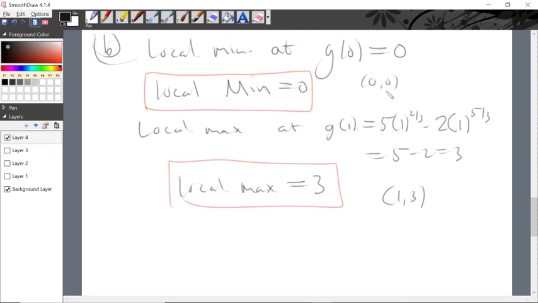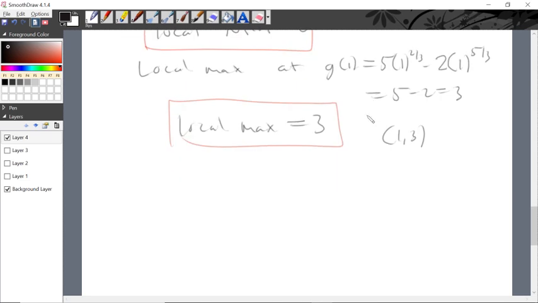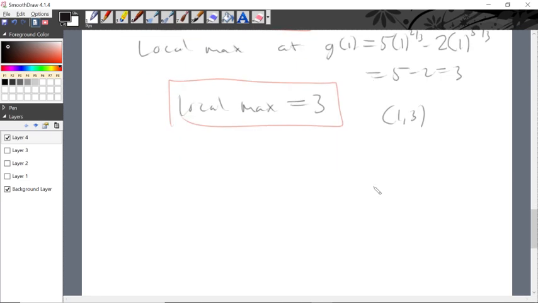So we have a point at (0, 0) of interest and a point at (1, 3) of interest as well. That'll help us in creating our sketch. Our graph so far has a point here at (0, 0), and this is the graph for y equals g of x. We know that g prime of 0 does not exist, so this is not smooth at this point.